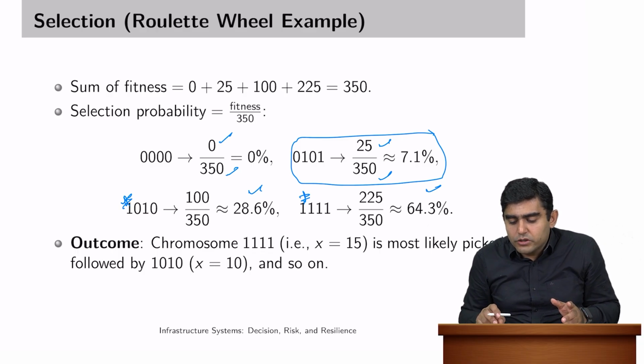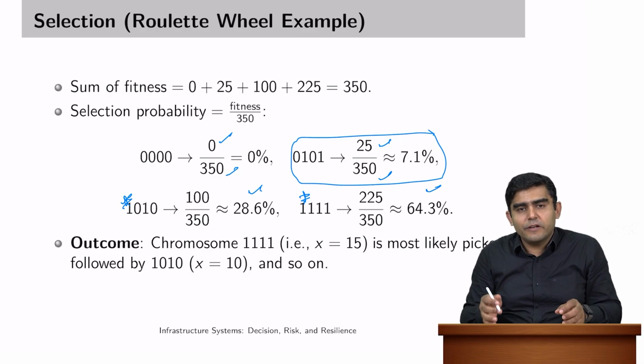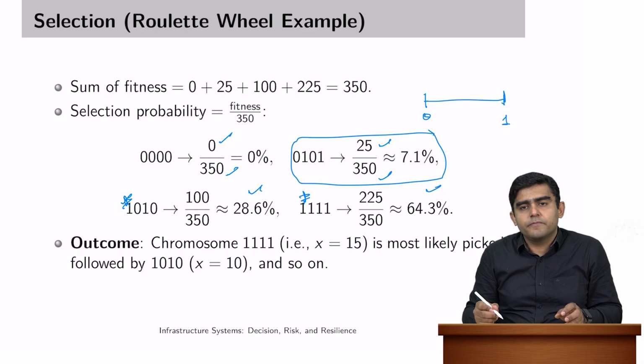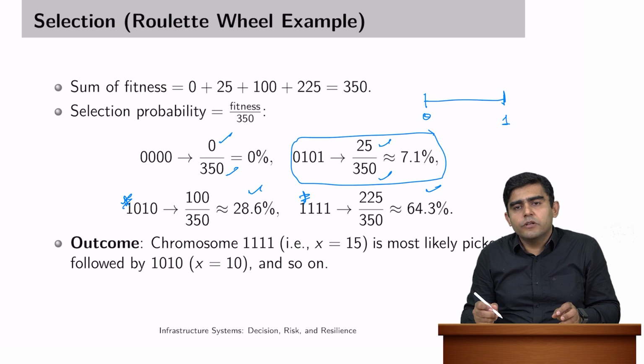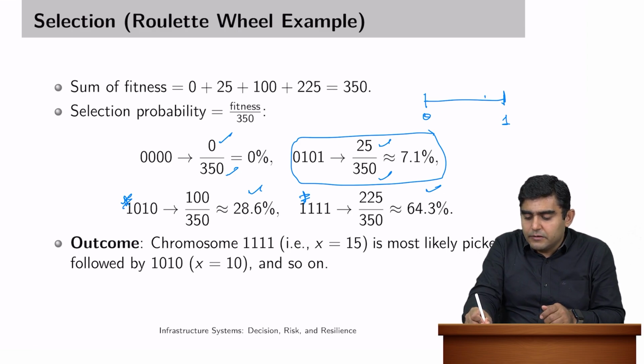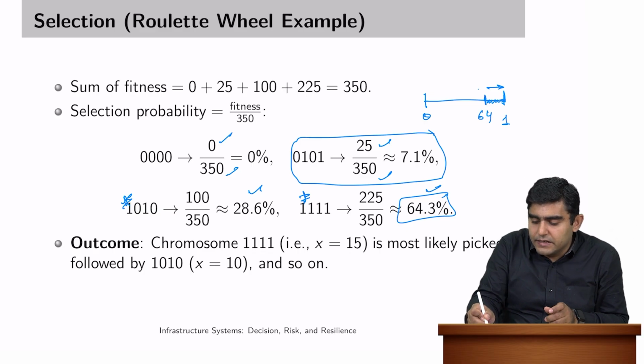Now, one thing to remember here is that sometimes students don't know how to sample it. If I say 7%, etc., all we do is generate a uniform number between 0 and 1. Let us say that the uniform number that I generate here is 0.64.